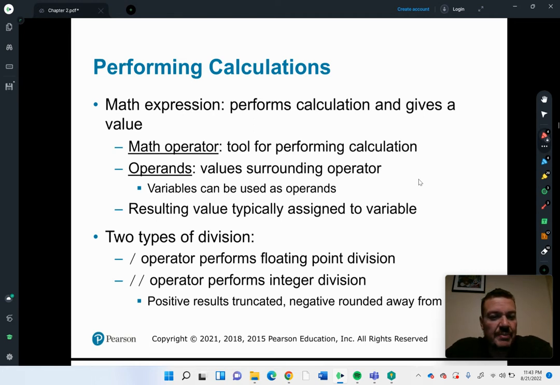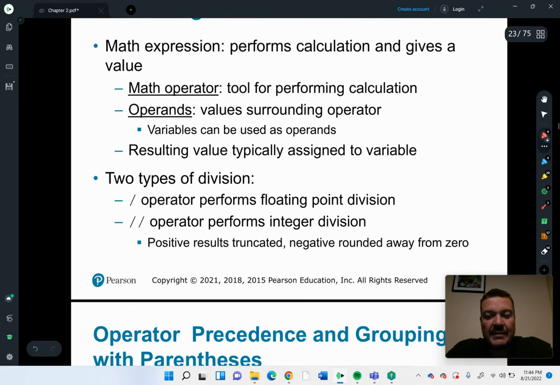Just to jump in a little bit, we've got two types of division. The single slash operator performs a floating point division, while two slashes operates the operator performs integer division. Positive results truncated, negative rounded away from zero.